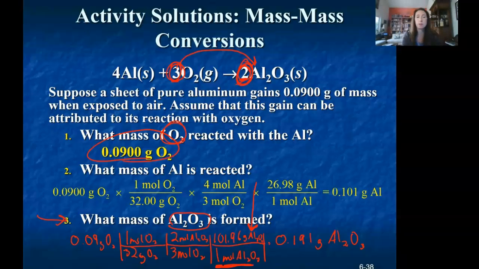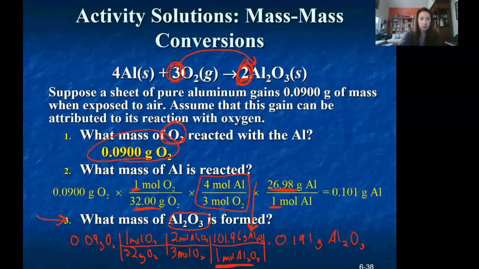Because remember, the units of the periodic table are grams per 1 mole. It's the number of grams in 1 mole. So if you ever look at the number from the periodic table, below it or above it, 1 mole.